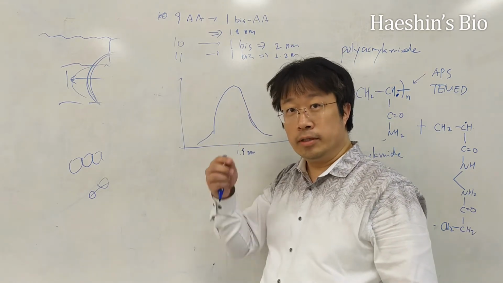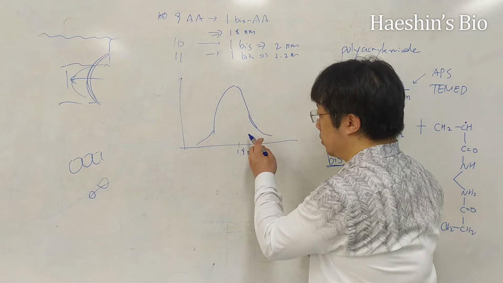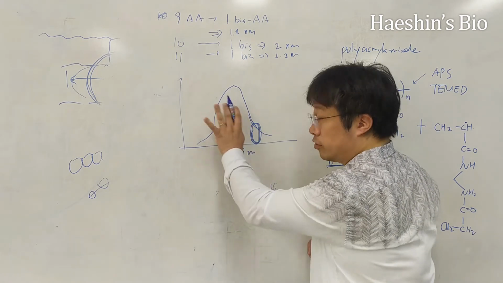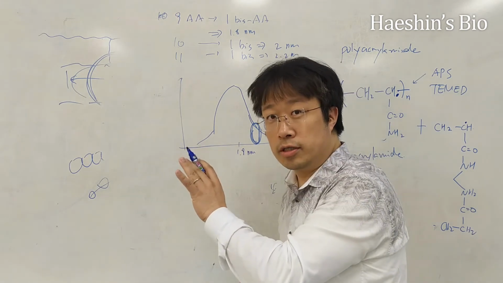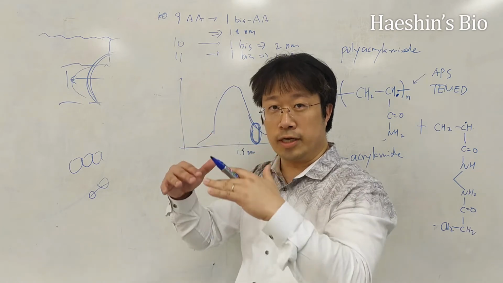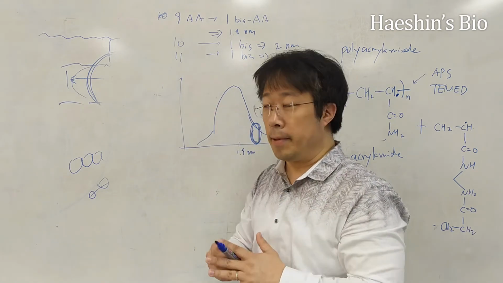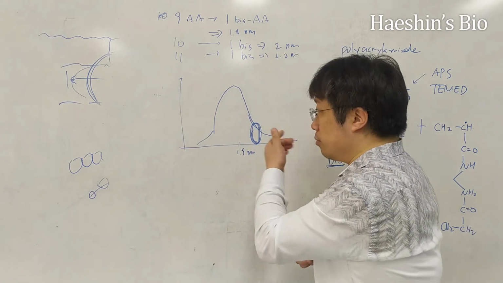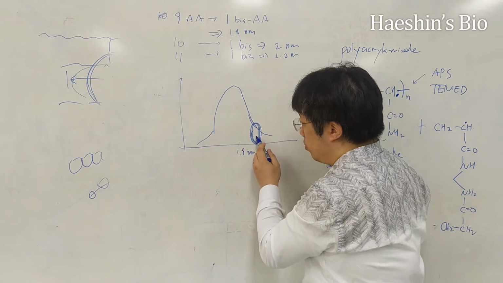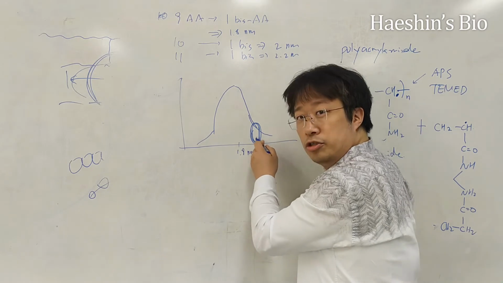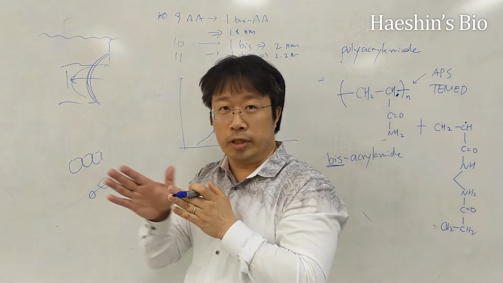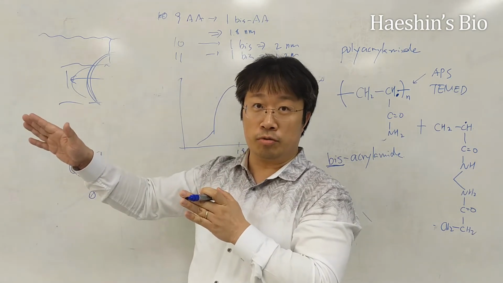That means proteins larger than this, because of the distribution. If there's no distribution, then it's not possible to achieve such a resolution, and each individual protein with a different size can travel a different way, at a different speed. But because of this distribution, when a protein has a little bit larger size, it has to find a pore that it can penetrate in this network.